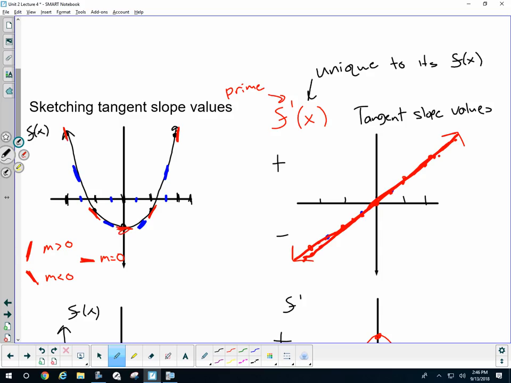Now, if we think about this, and this is how we have to start thinking about our alternate approach to get that the slope of the tangent to 3x squared minus 2 at x equals 2 is 12.